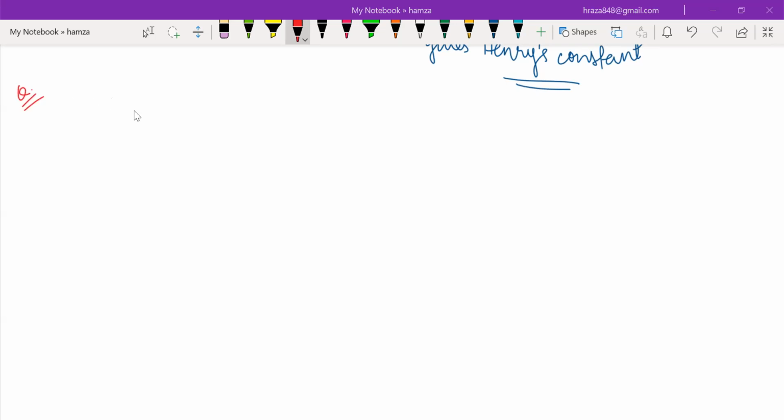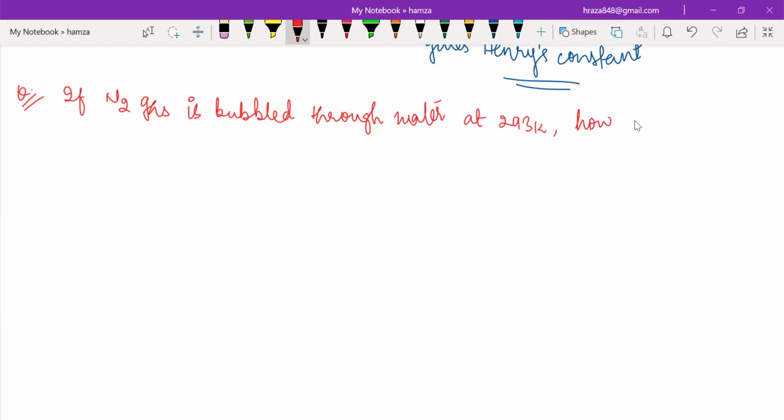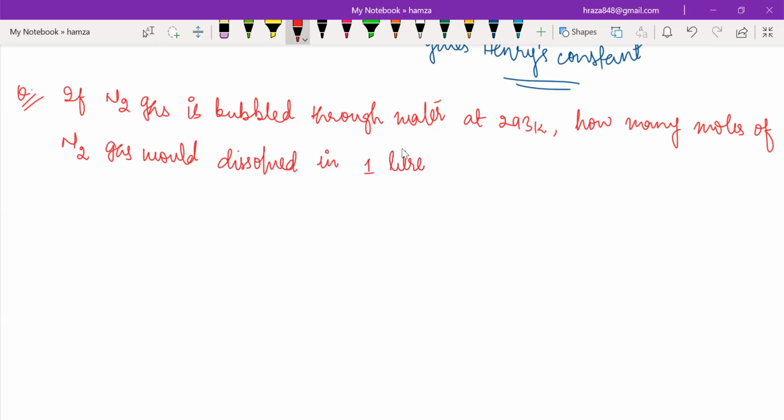If N2 gas is bubbled through water at 293 Kelvin, how many moles of N2 gas would dissolve in 1 liter of water?